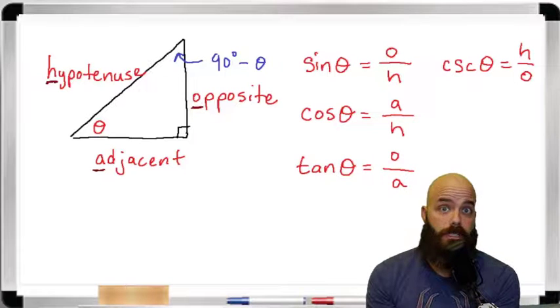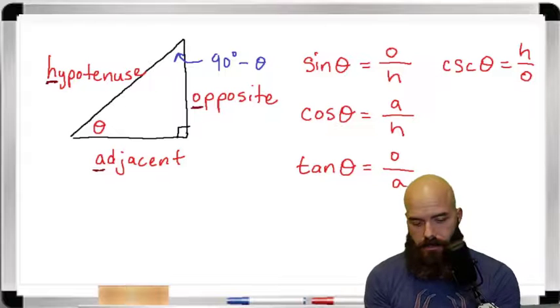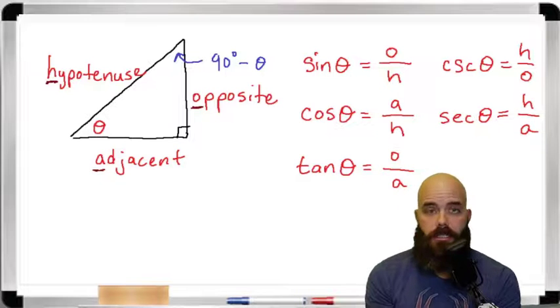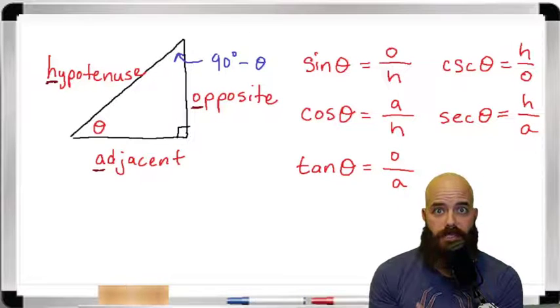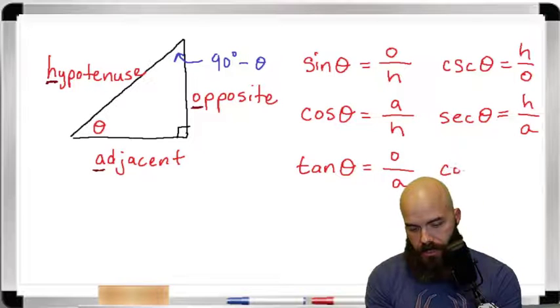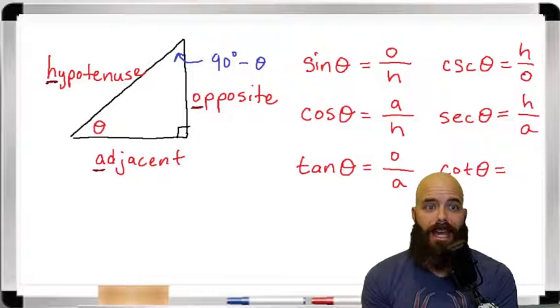The reciprocal function to cosine is secant. So SEC is how we abbreviate that, and that's equal to H over A. Lastly, the reciprocal function for tangent is cotangent. So cotangent is COT, is equal to A over O.